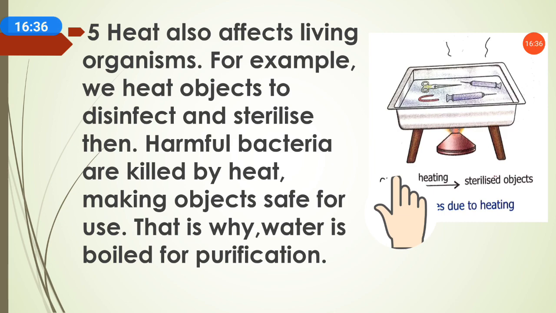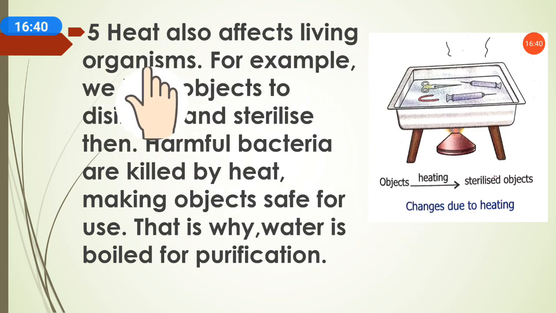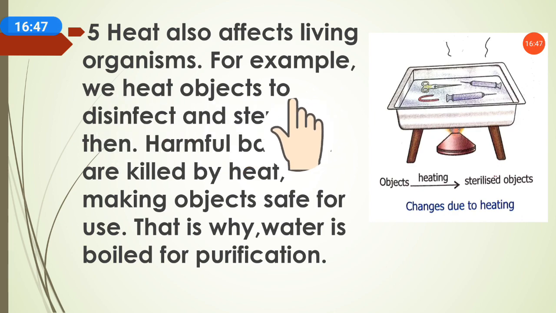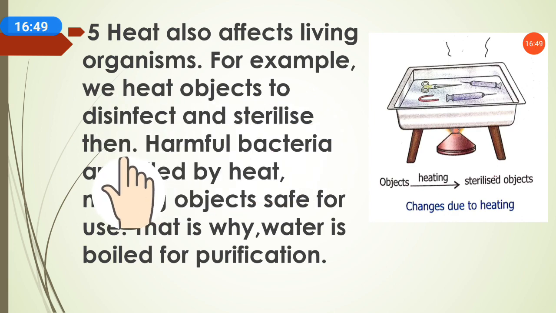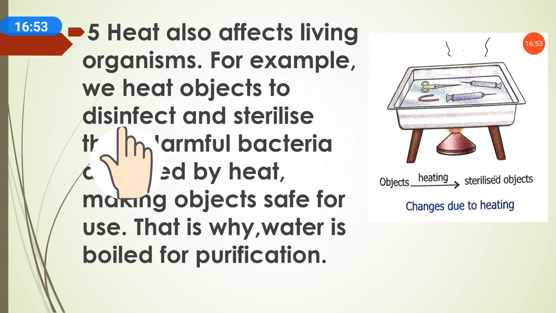Okay, now next is the fifth point, heat also affects living organisms. Now how does it affect them? For example, we heat objects to disinfect and sterilize them. Disinfect means some bacteria, some infected bacteria come into contact with some body.